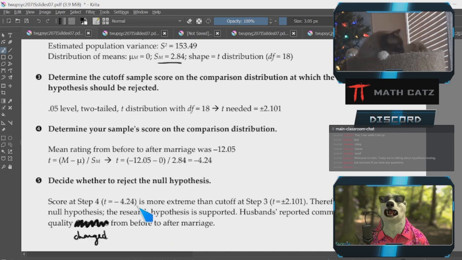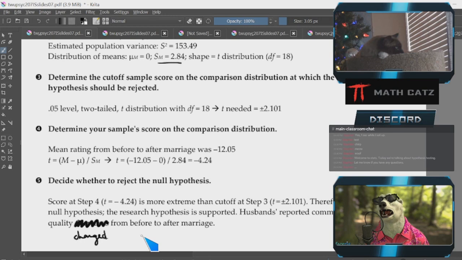We can then rerun the test if we want to see a decrease, because the alpha was different in a two-tailed test. We lost half of it to the other side. So the evidence suggests that the counseling does change the husband's communication skills. All right.